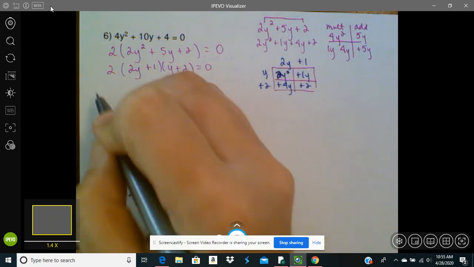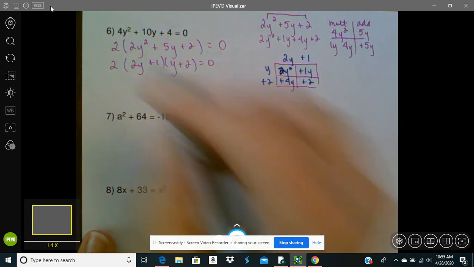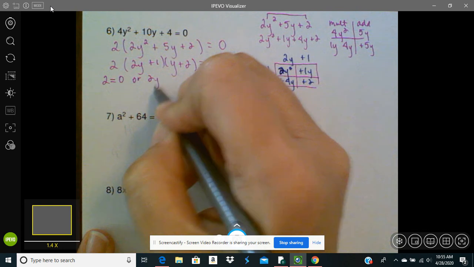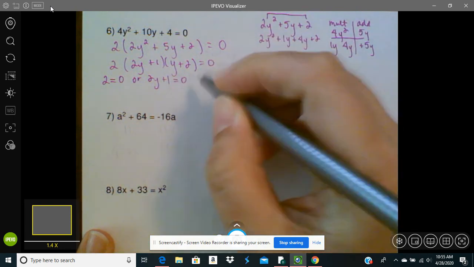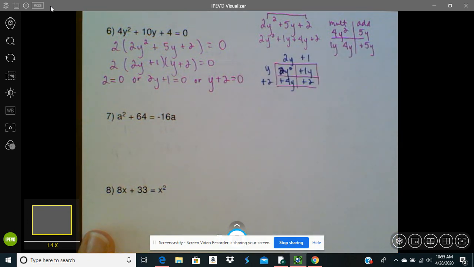So now we have our 3 factors here, not just 2. I know that either 2 equals 0, or 2y plus 1 equals 0, or y plus 2 equals 0.